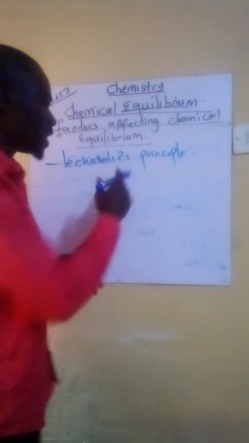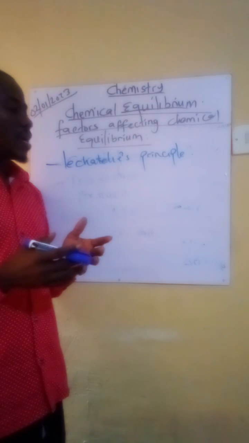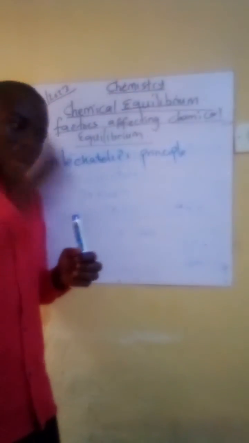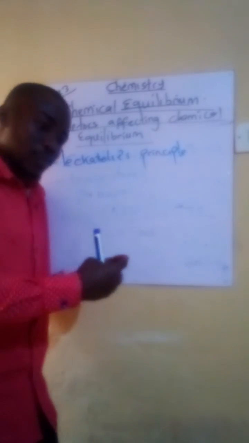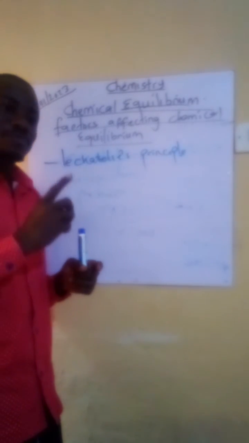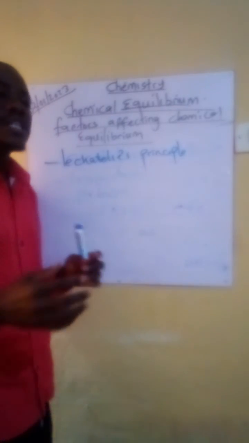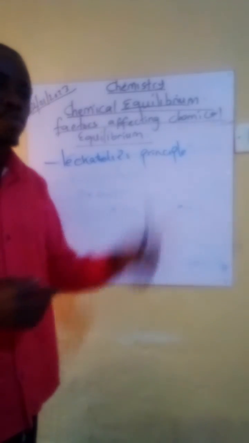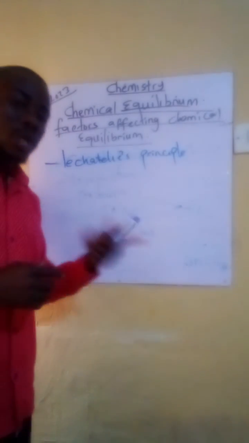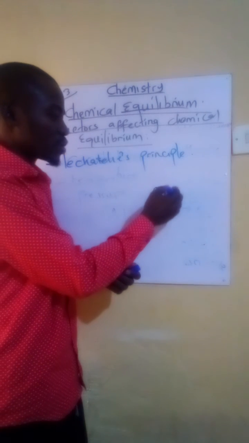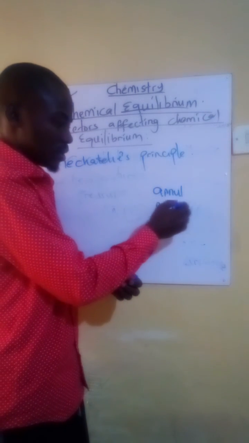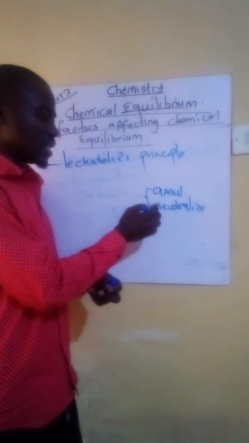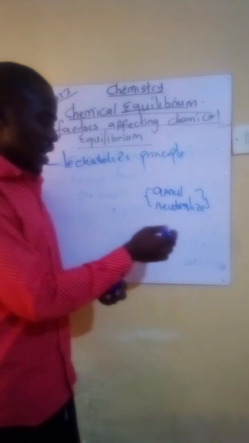But what this principle is saying is that whenever you have a system already in the state of equilibrium, when the equilibrium system is now disturbed, the system usually adjusts itself so that it will neutralize or annul the effect of the change.